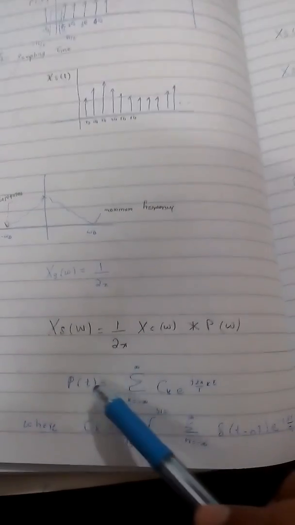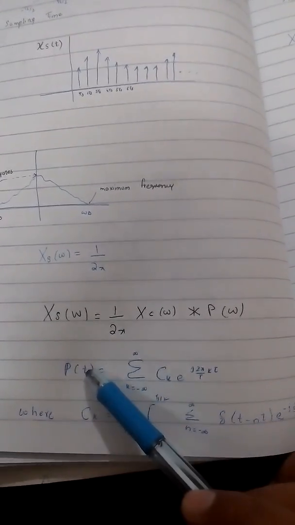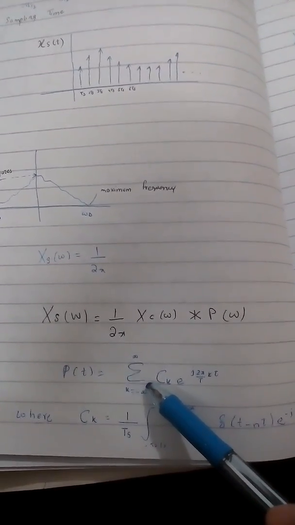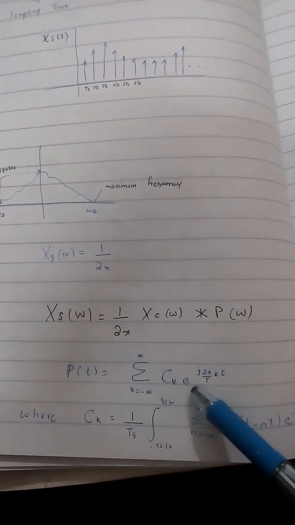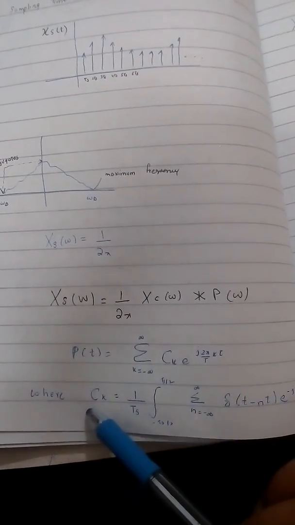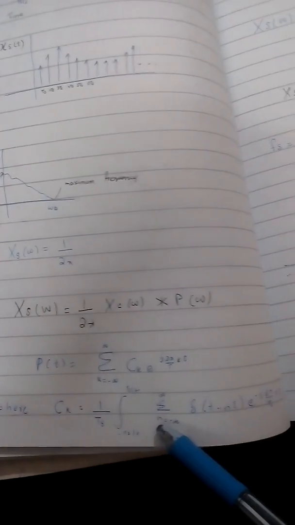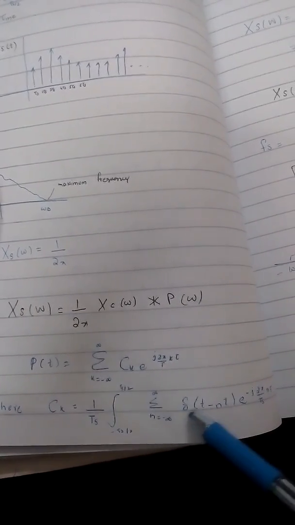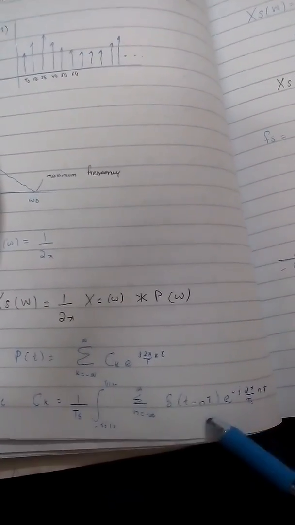We will put it into the following formula of the signal, which is a power signal, and you can see the sigma ck e raised to the power j is the formula, and ck is basically the coefficient, which equals 1 over Ts integrated from minus Ts by 2 to Ts by 2, and this is basically the ratio.